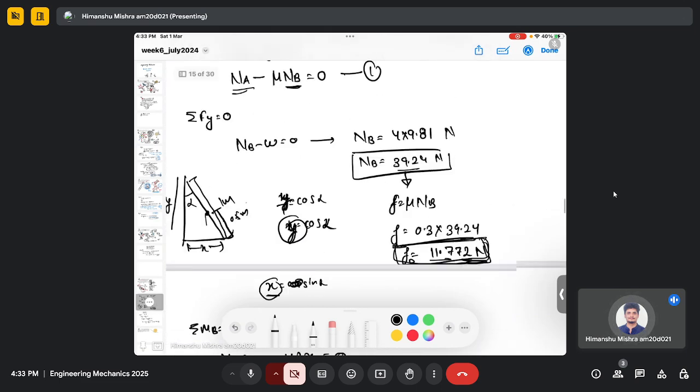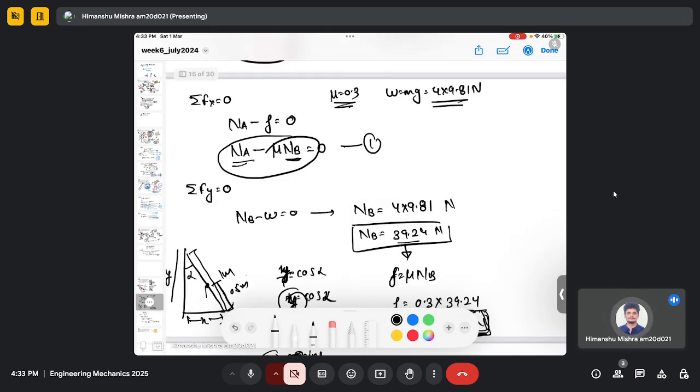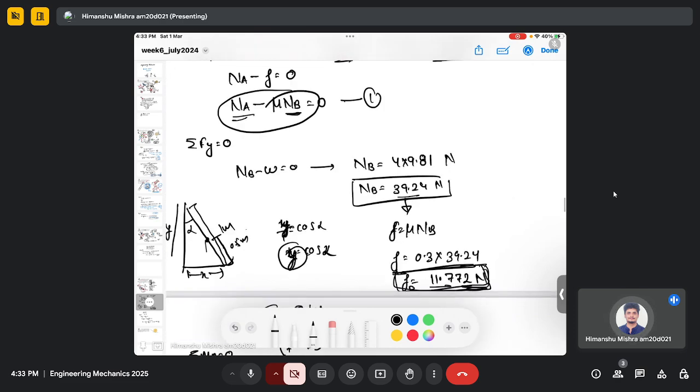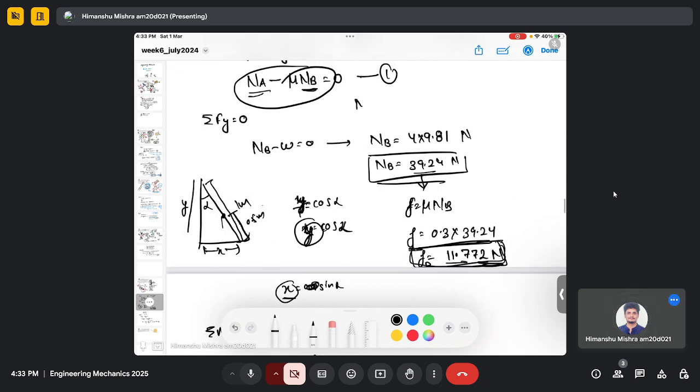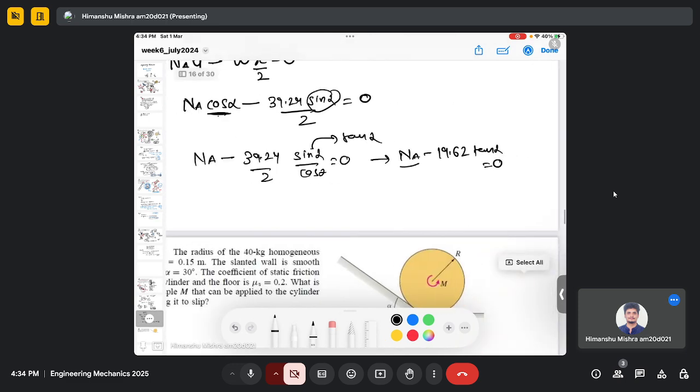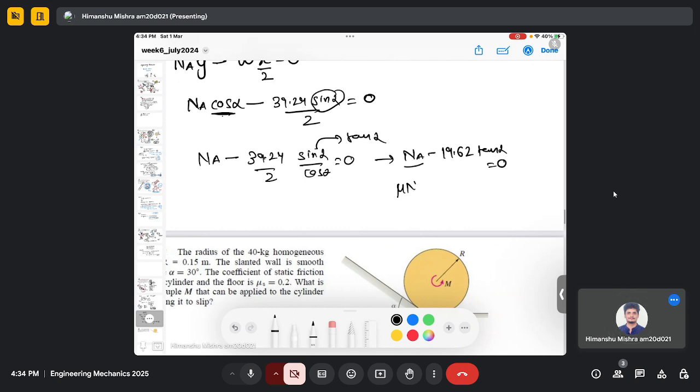And NA we can actually calculate from equation 1, because we already have calculated NB. So NA from equation 1 is equal to mu NB.